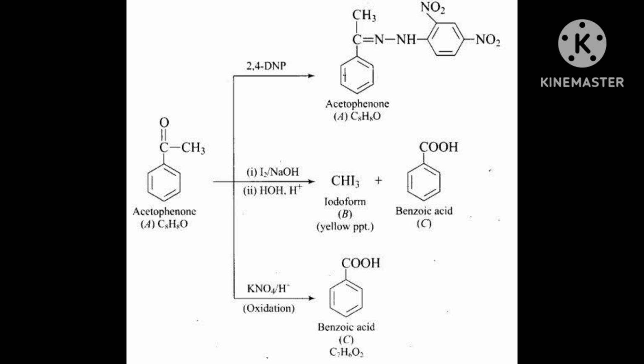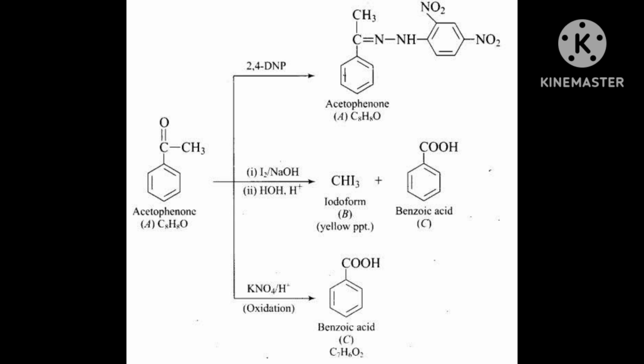Now, the third reaction: on drastic oxidation, it gives carboxylic acid. Now you know that if a ketone like this benzene methyl ketone is oxidized, then CH3 will go and the CO group will convert to COOH.